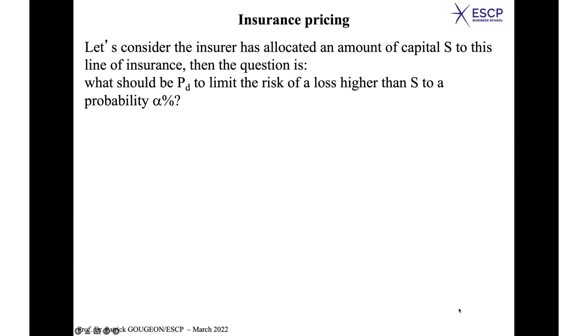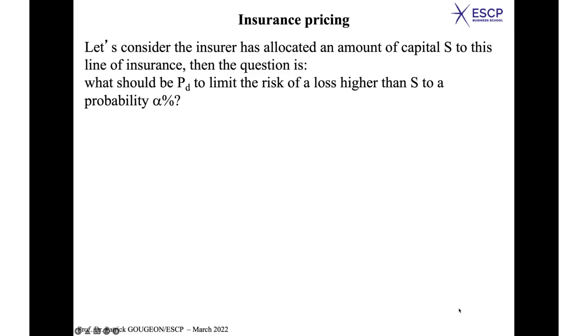So let's consider the insurer has allocated an amount of capital, an amount of equity, if you like, S, to this line of insurance, okay? So you have a certain amount of equity, which is a kind of safety net for the insurance business. And the question is, what should be PD? In other words, the amount to be accumulated at D to limit the risk of a loss higher than S to a probability alpha %.